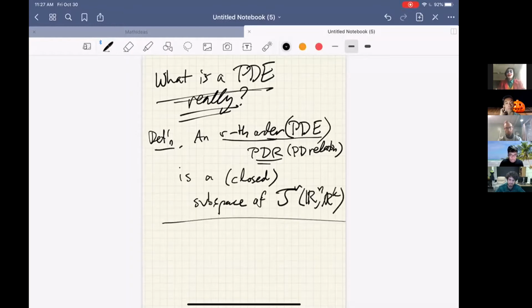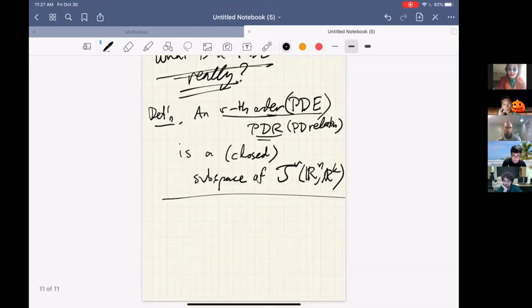So a PDR, partial differential relation, is just a subspace of your jet space, your jet bundle, and a PDE is one that's closed, right? It's described by an equation equals 0. That's a closed condition. And a PDR can have inequalities.